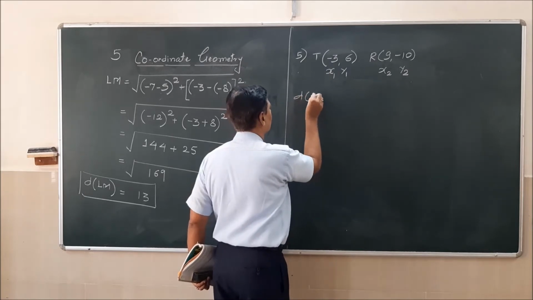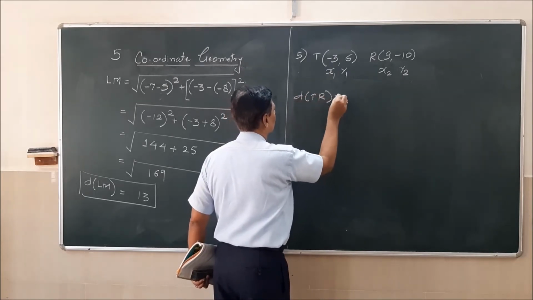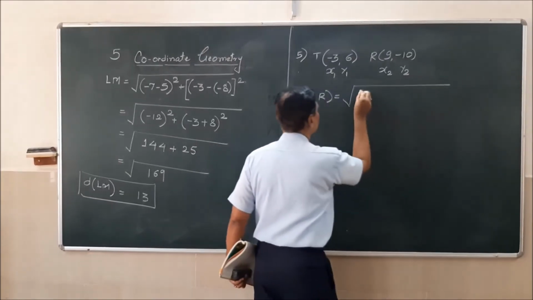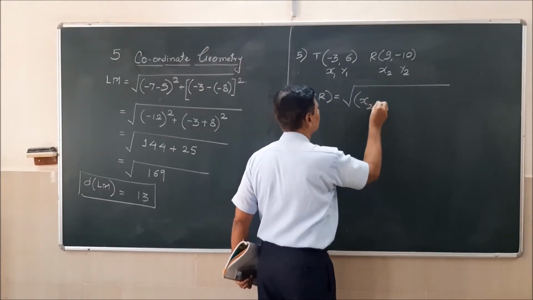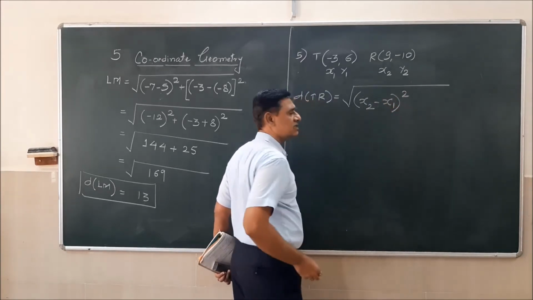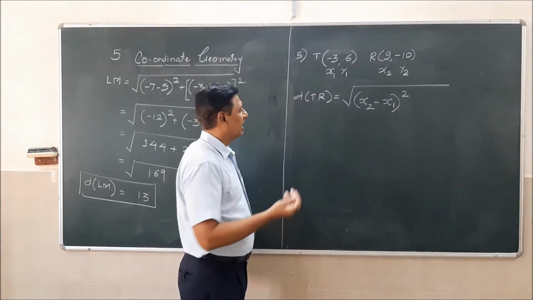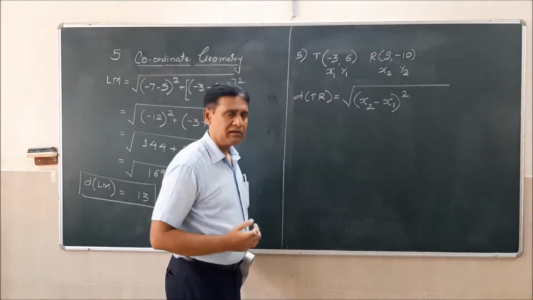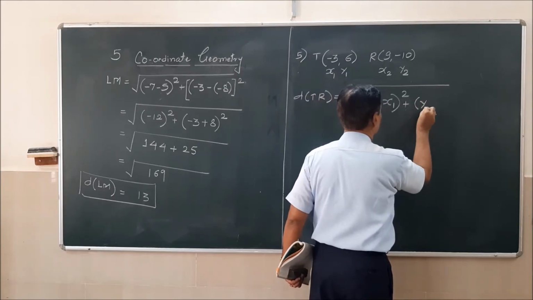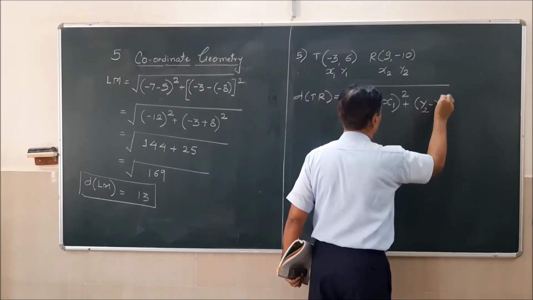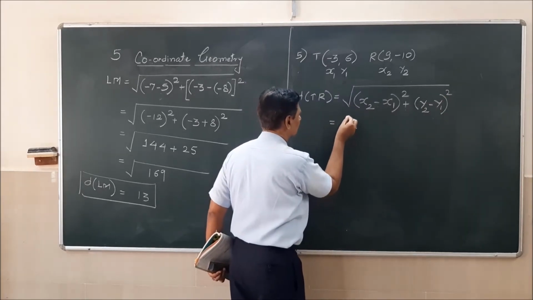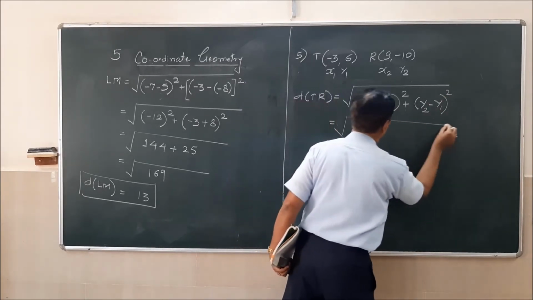Distance TR is equal to square root of x2 minus x1 the whole square. This is our distance formula. x2 minus x1 the whole square plus y2 minus y1 the whole square. Next step is that is equal to square root of.